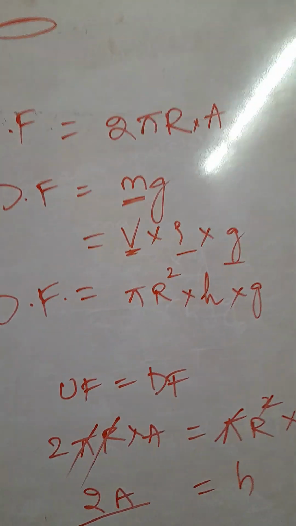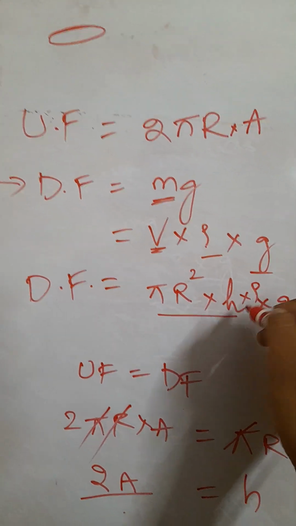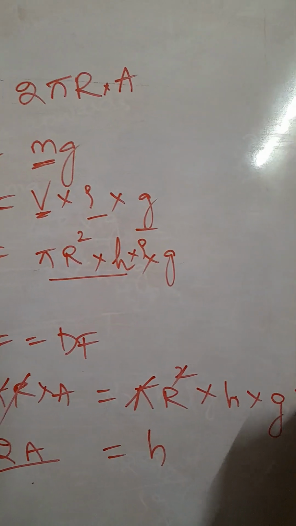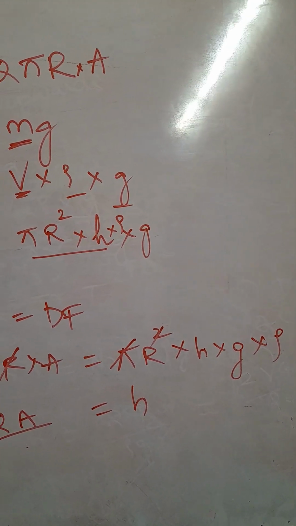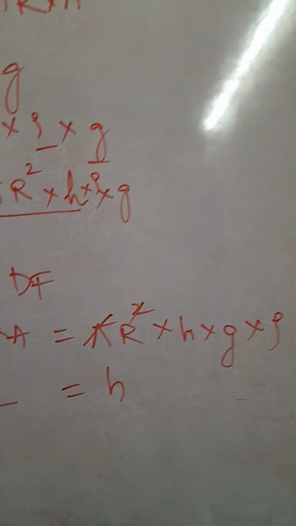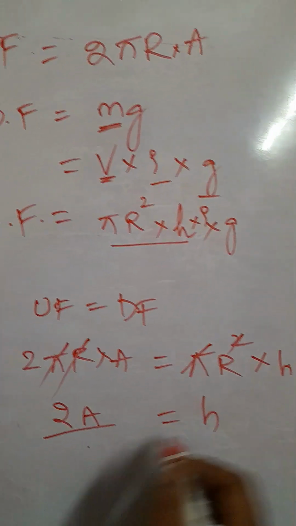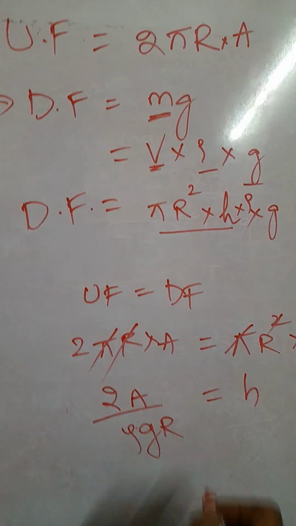Volume into rho into g, so volume is pi r square h, into rho. I missed the rho here. So into rho g. We can cancel r and one r, pi and pi, and so from here h is equal to 2A divided by rho g r.